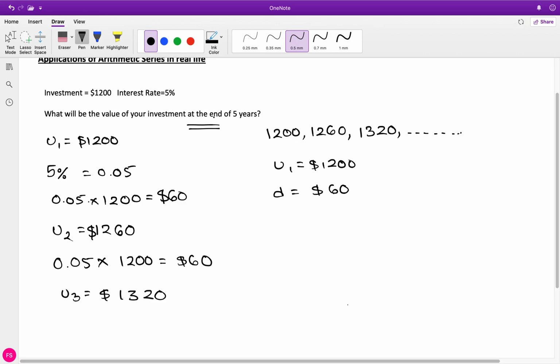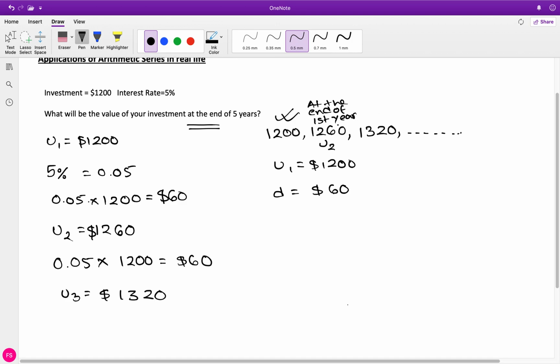At the end, what does it mean? When you deposit money in the bank, this is the first amount that you invested. Now at the end of the first year, you are actually going to get 1,260. So this is the amount that you are going to get at the end of the first year. That means at the end of the first year, you are actually going to get U2, the second term.